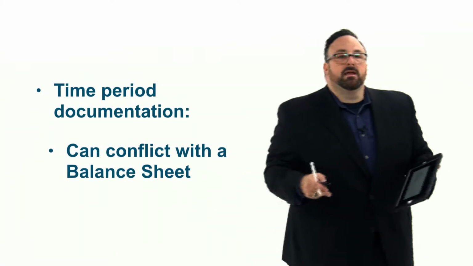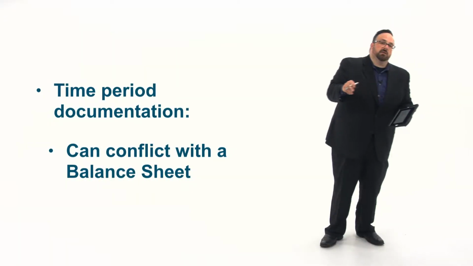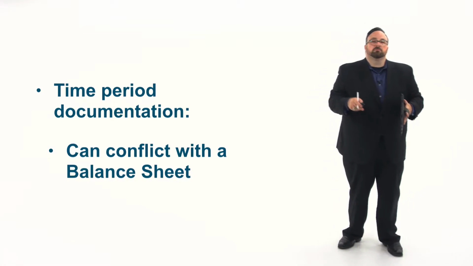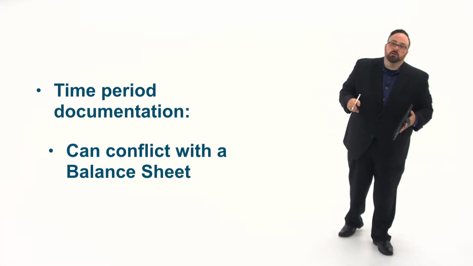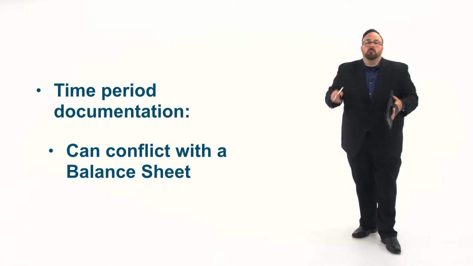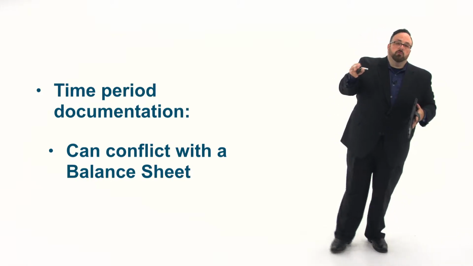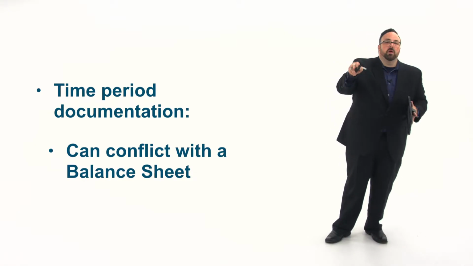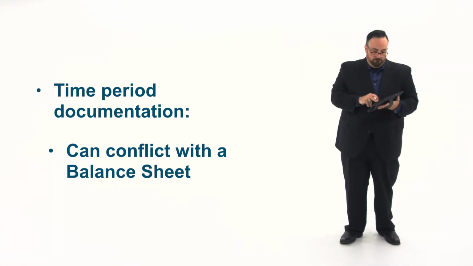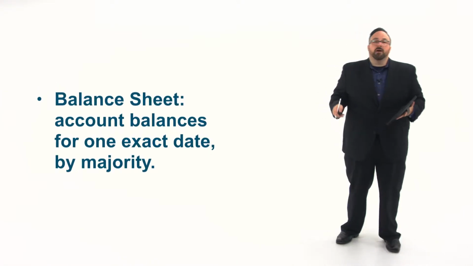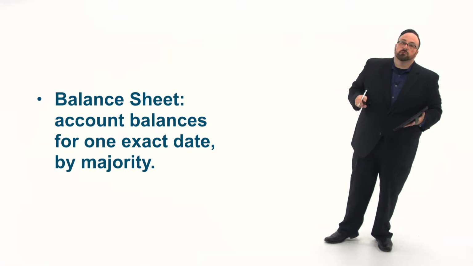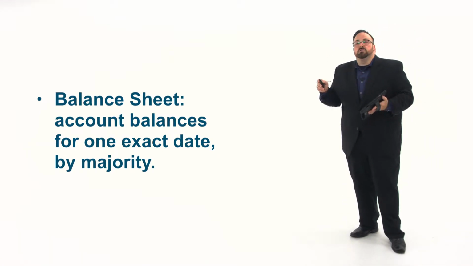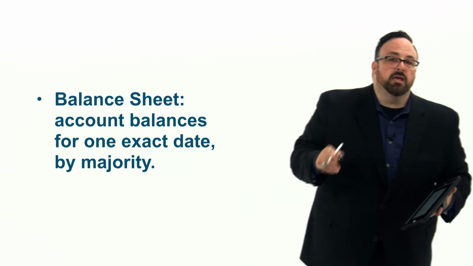Now, net income is all the revenue and expense accounts filed down into one specific number, so time period documentation is key. That order I gave you previously is paramount because it can conflict with the balance sheet. The balance sheet, as we'll discuss later on, is an account that balances for one exact date.